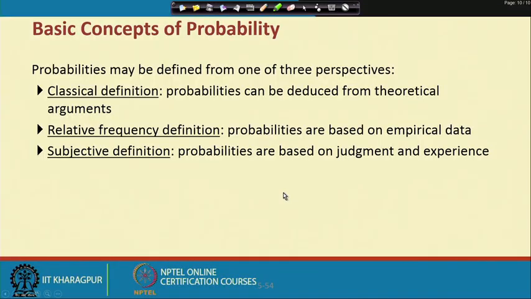So this is the basics of probability, and there are various theories behind probability, but we are not going into details. In fact, I have another NPTEL subject, business analytics for management decisions, where we have discussed all these details. The first 2-3 chapters are more or less the same, because these are basic requirements for any kind of econometric modeling and analytics.